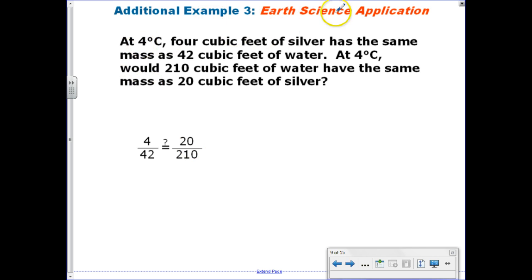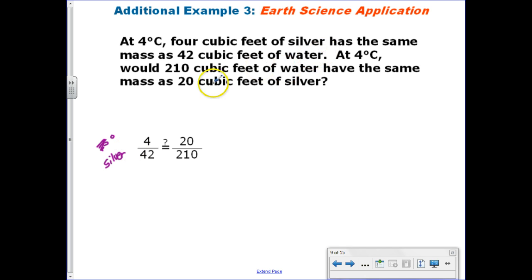So here's an example from earth science that says at 4 degrees Celsius, 4 cubic feet of silver has the same mass as 42 cubic feet of water. So that's why they have the 4 here. This is the silver on top, or I'm sorry, this is the temperature, the degrees, and then this is the silver.